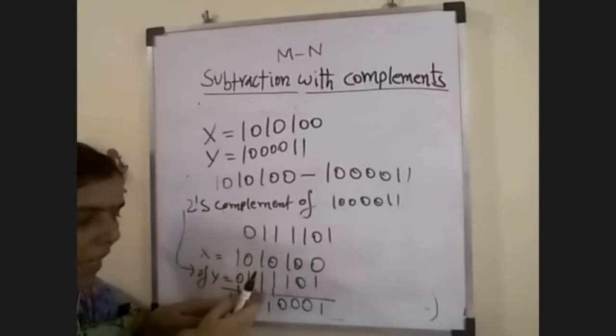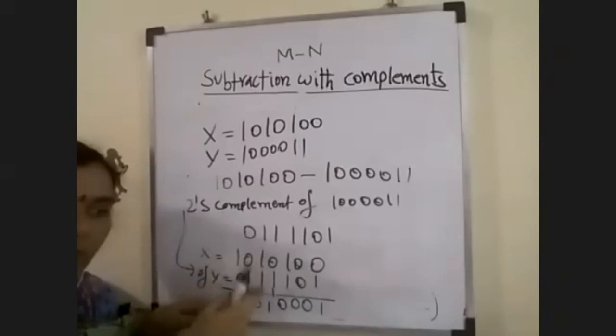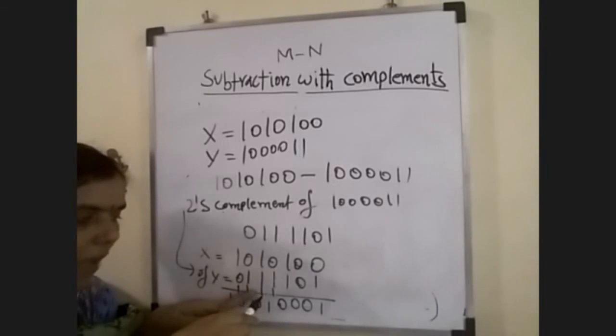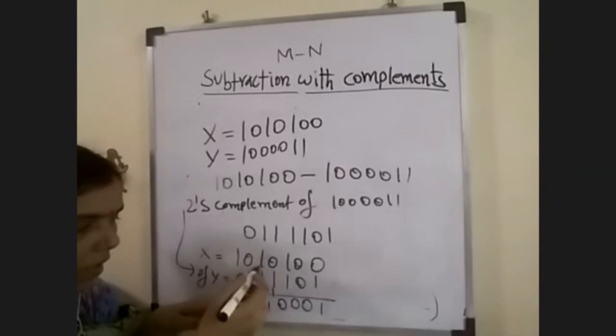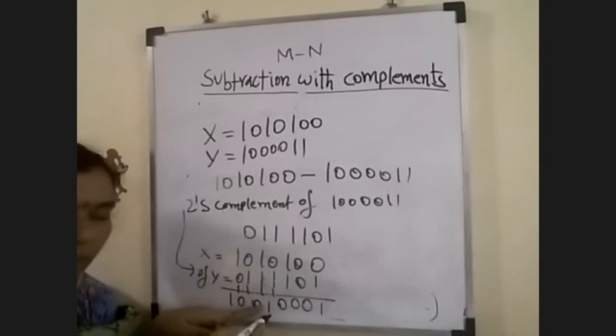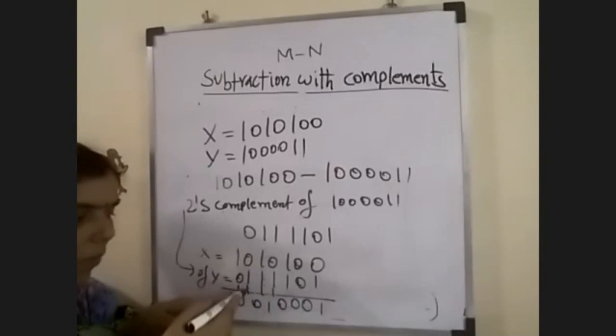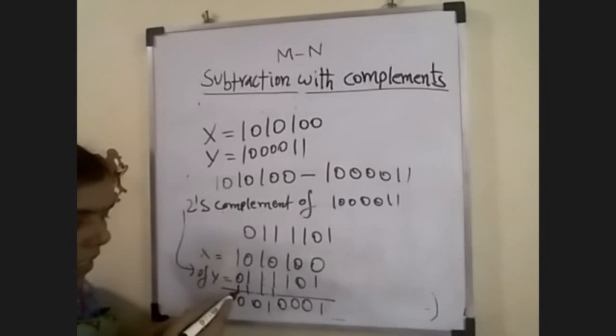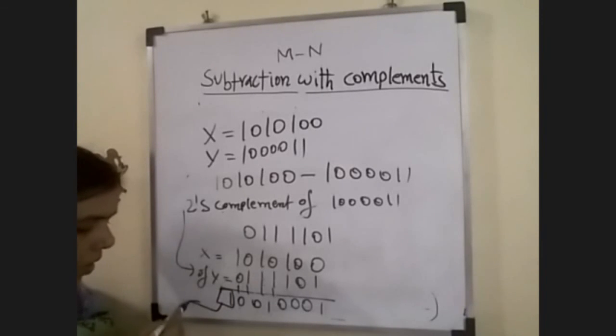Then 1 plus 1 plus 1 is 3, which is 11, so carry will be 1 and sum will be 1. And 1 plus 1 is 10, carry 1 and sum 0. Again 1 plus 1 is 10. So here it will produce an end carry, and we can discard this.